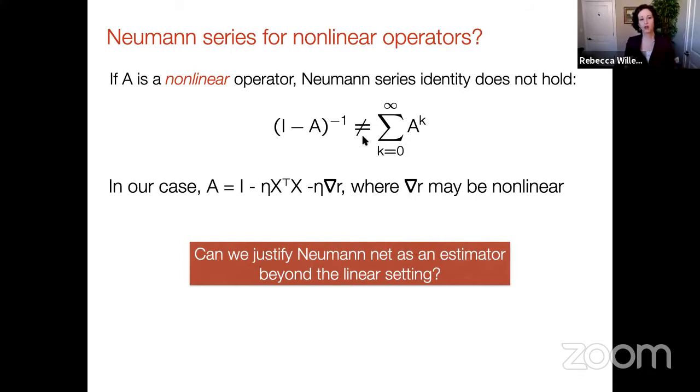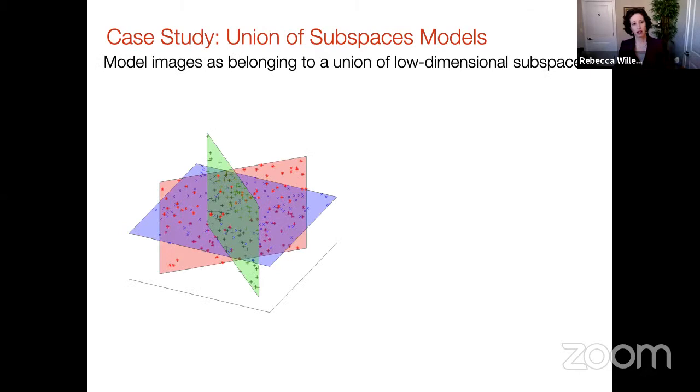And so you might ask whether using this Neumann series as a foundation for building one of these inverse problem reconstruction methods makes any sense at all. To try to understand why this seems to be effective in practice and a reasonable approach, we're going to consider a case study where we imagine that all of the images we want to reconstruct belong to a union of low-dimensional subspaces.